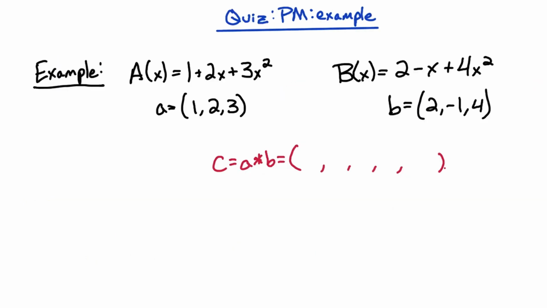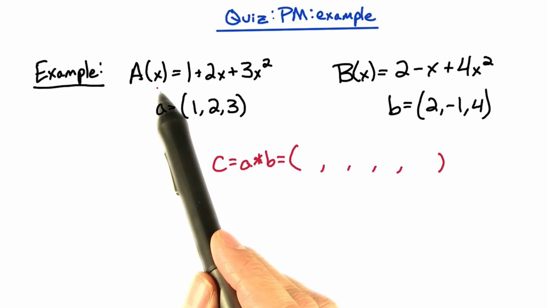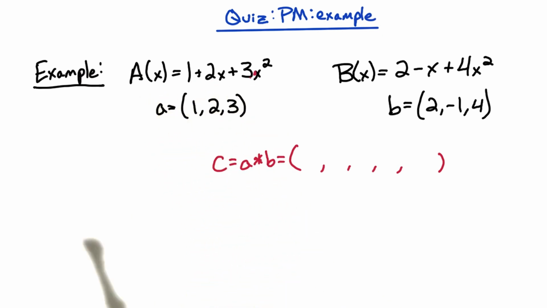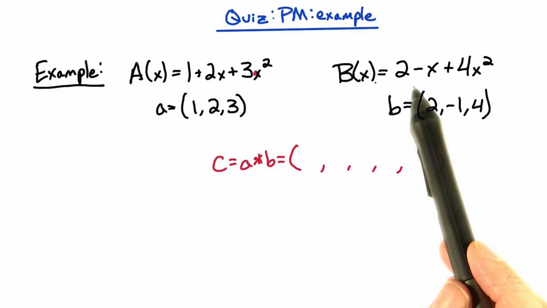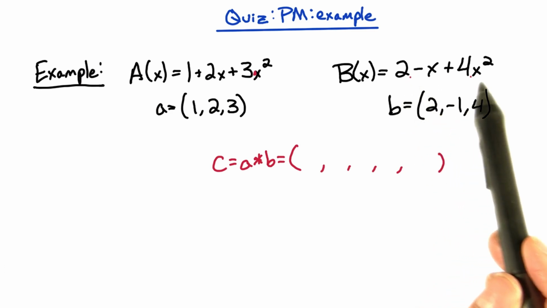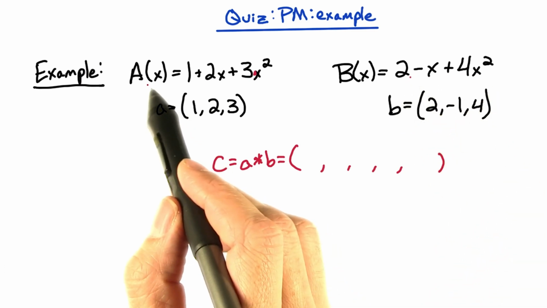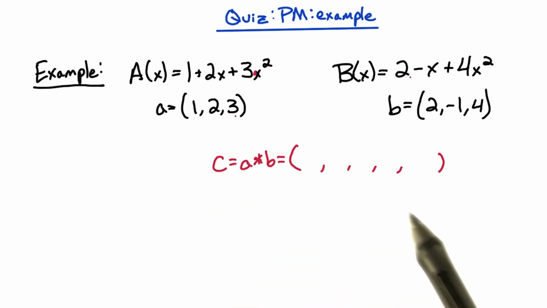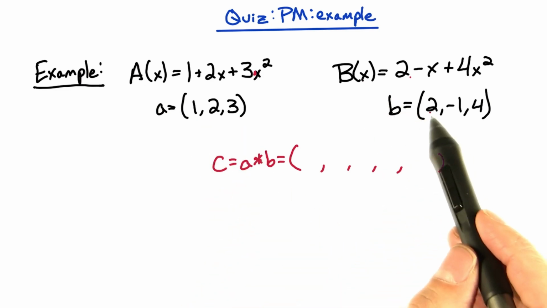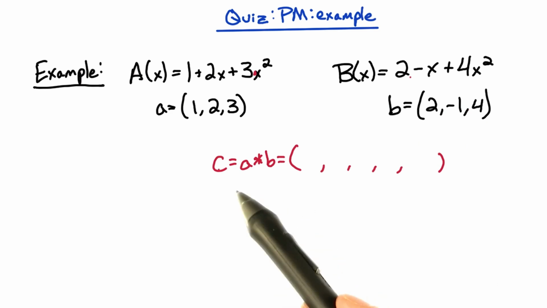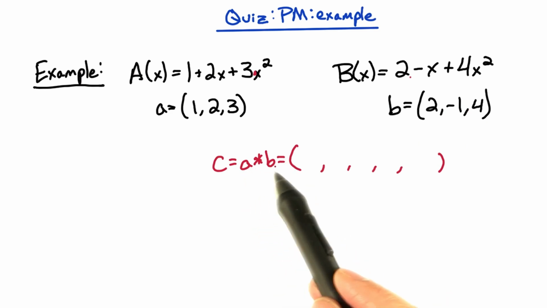Let's take a quick quiz to make sure you're familiar with multiplying polynomials. Let's consider the polynomial a of x, which is 1 plus 2x plus 3x squared, and b of x, which we define as 2 minus x plus 4x squared. So the vector of coefficients for a of x is 1, 2, 3, and the vector for b of x is 2, negative 1, 4. Now compute the convolution of a and b.